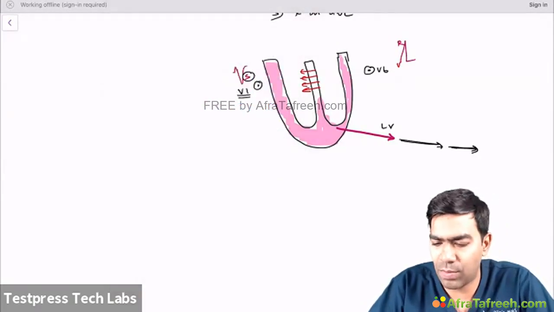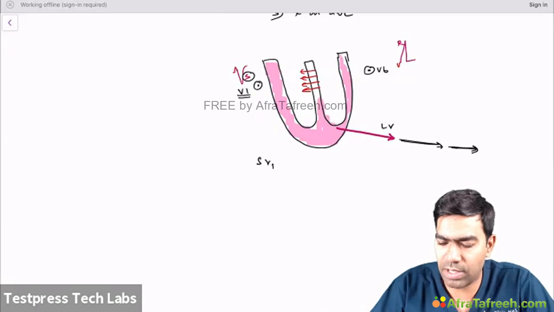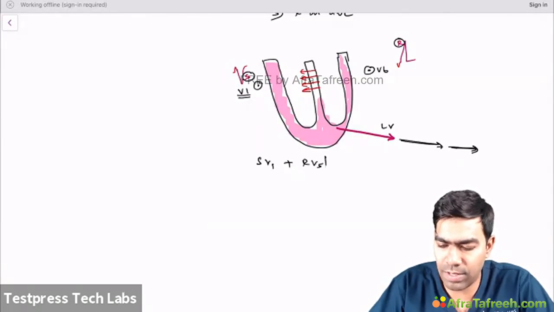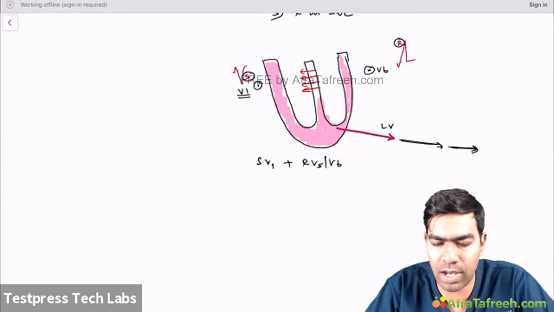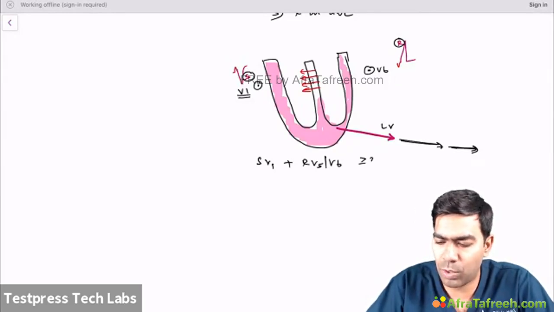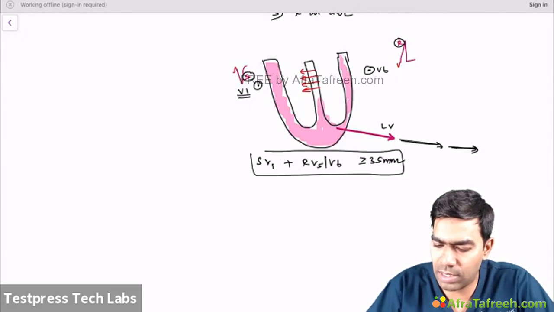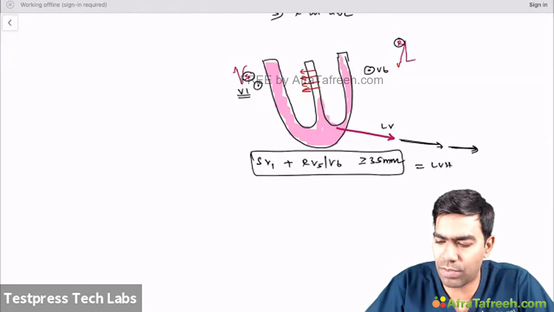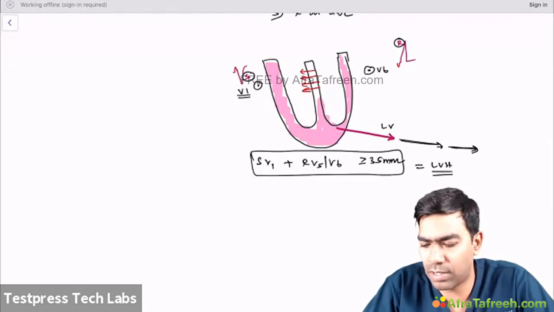So they're taking the S wave in V1, plus the R wave in V5 or V6, any one. If it's more than or equal to 35 millimeters, then this is the definition of left ventricular hypertrophy, that is LVH.